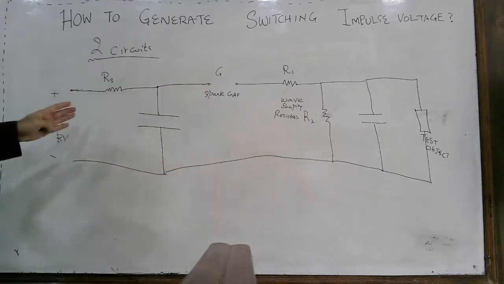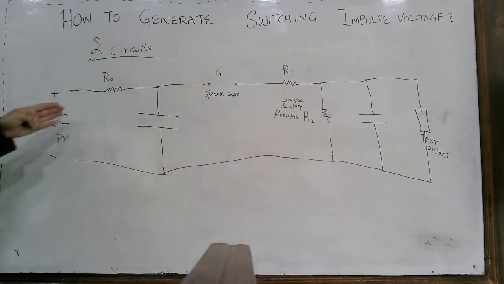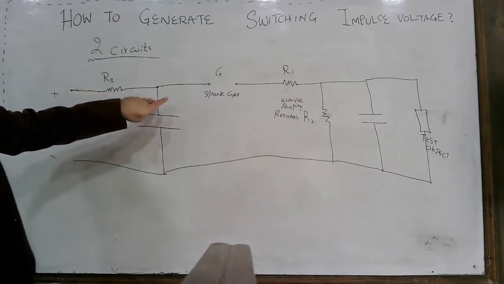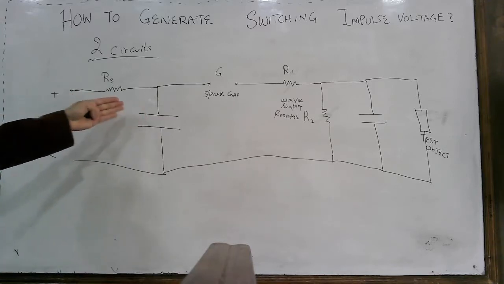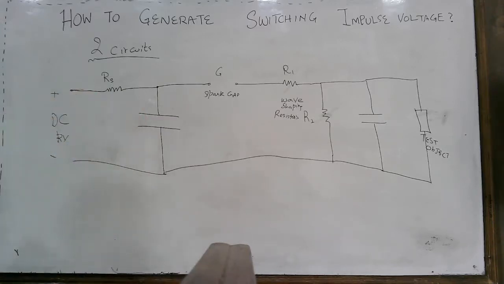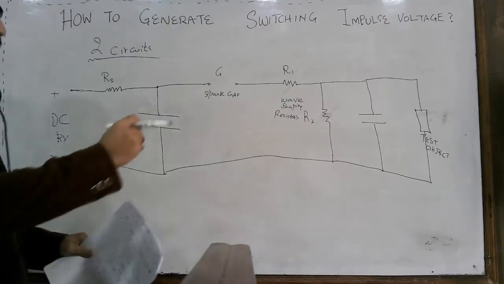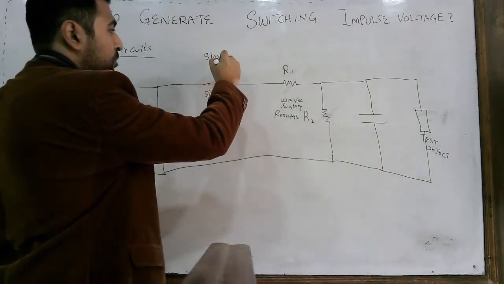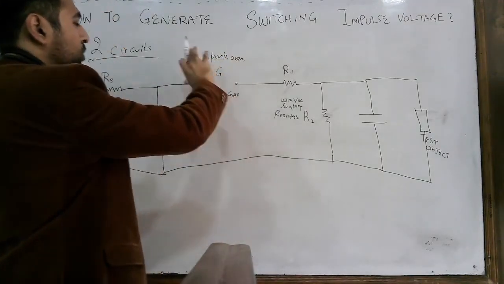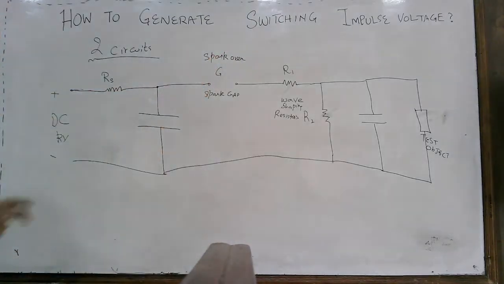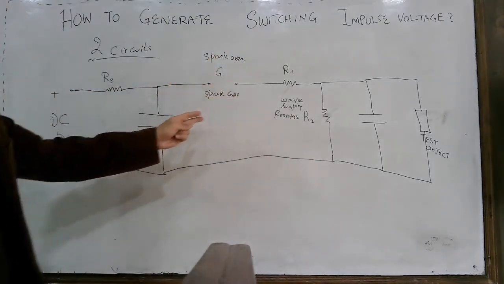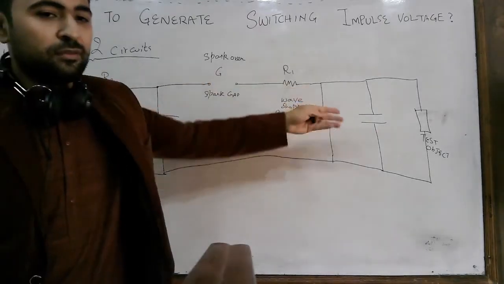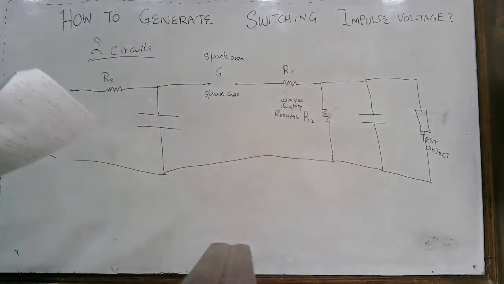As soon as you apply the DC voltage, this capacitor gets charged, and once its voltage level reaches the supply voltage, this gap breaks. There is a spark over across this gap, and due to this, this capacitor gets connected here, through the wave shaping resistors, and here you have the output.